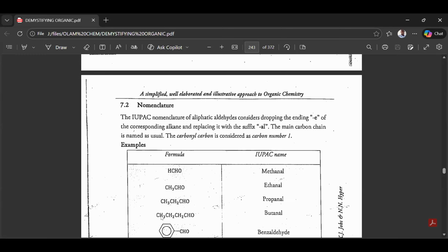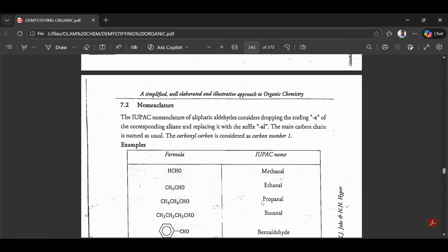An alkane with 3 carbon atoms, we call it what? Propane. Because this is a carbonyl compound, which is an aldehyde, instead of propane we call it propanal. We remove the suffix -e on the mother alkane and replace it with the suffix -al.